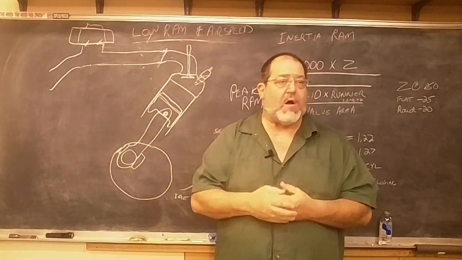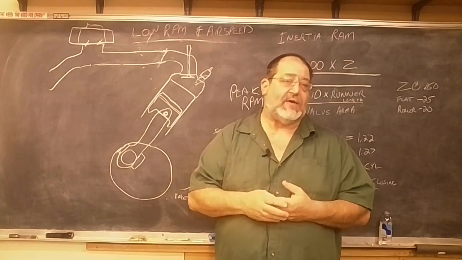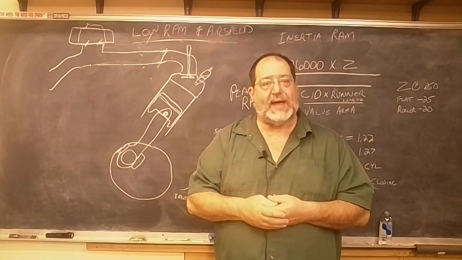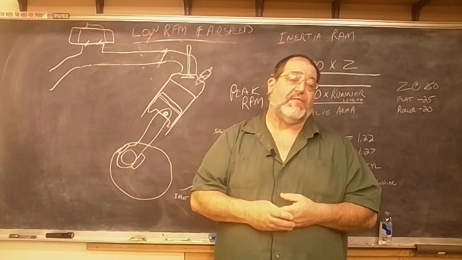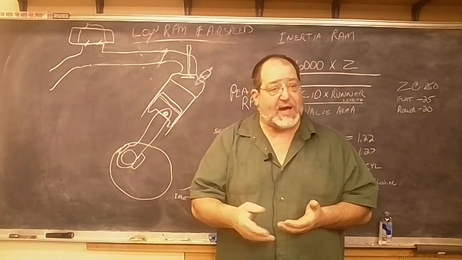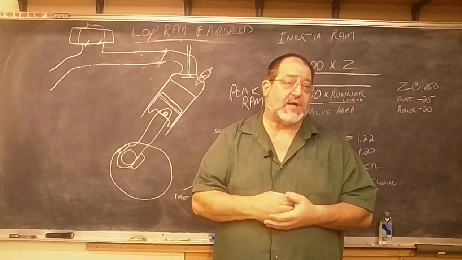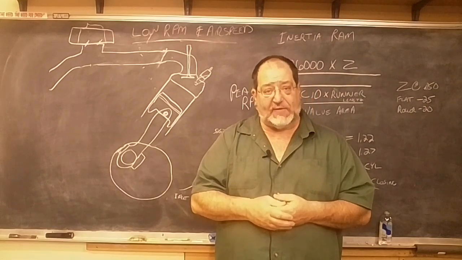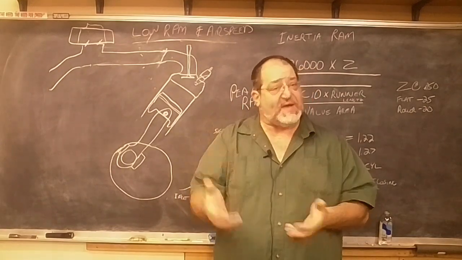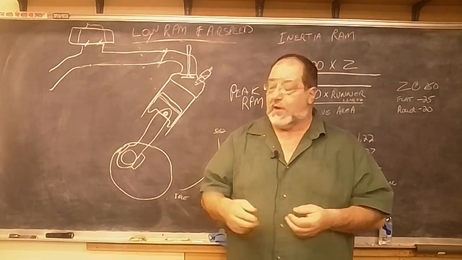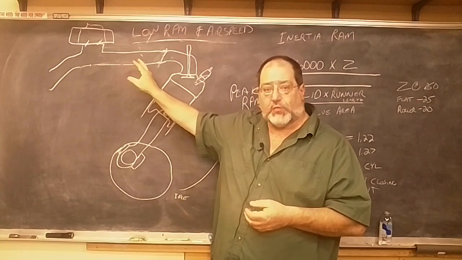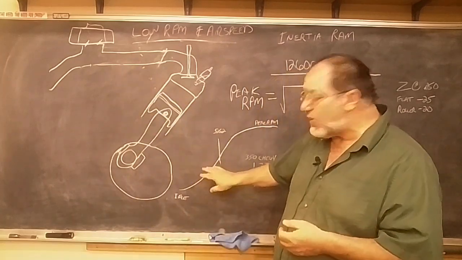And I try real hard to match intakes to what the flow of the head is doing. That's the same thing I do if you watch my video on picking carburetor size. It's picking a carburetor size based on the flow of what the heads do. And that makes sure everything's pulling together to maintain a decent airspeed. Now, as you enlarge the runner, you are going to lose low end power.